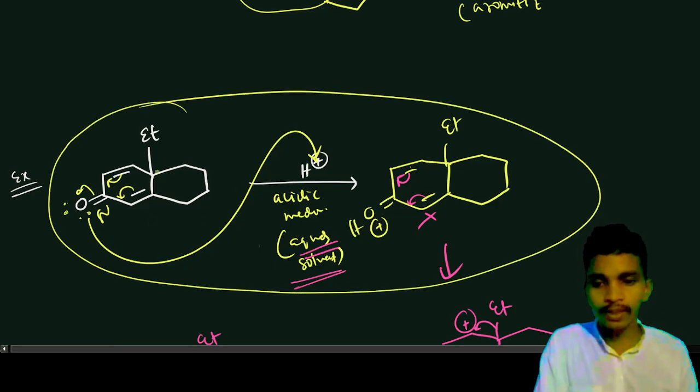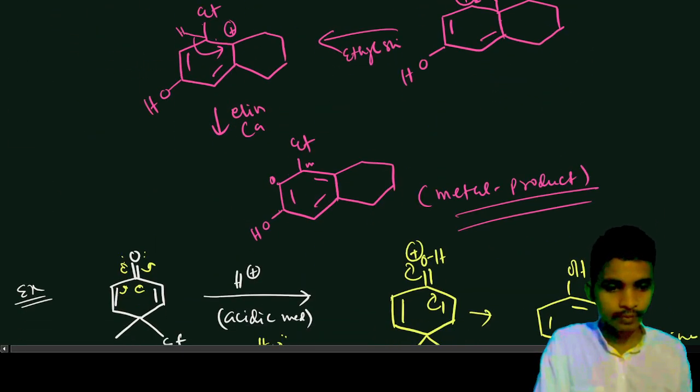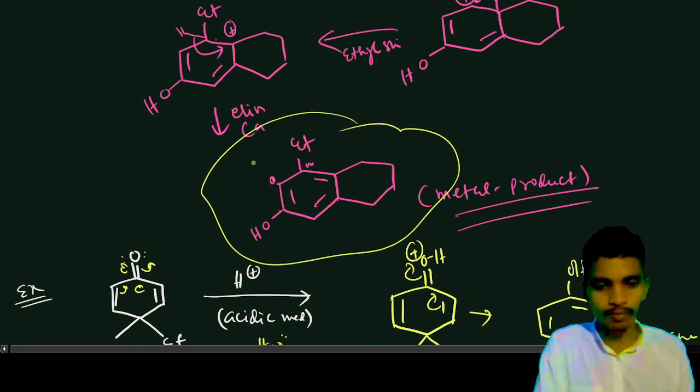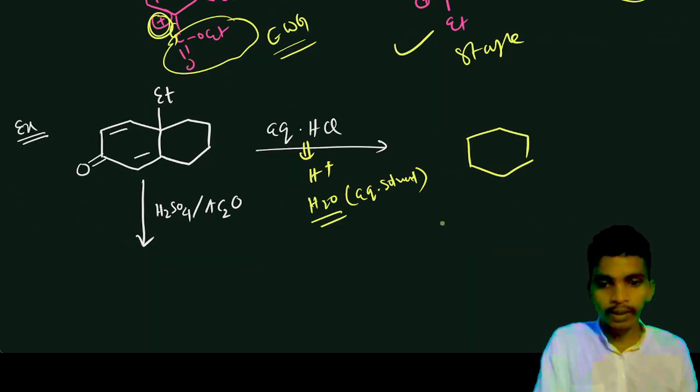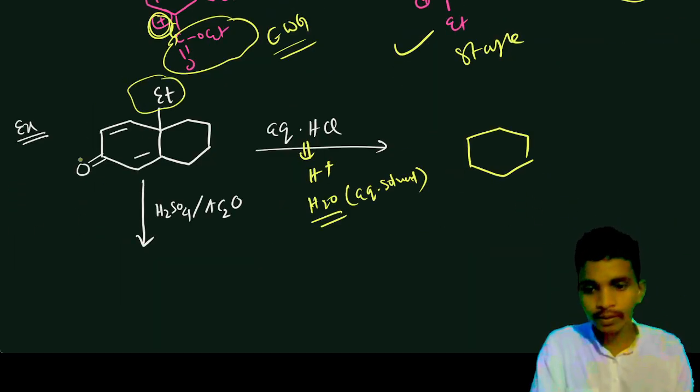So if it is there, and at the conjugation, if any group is present, in that case the meta product will form. So the dienone rearrangement is there, and two rings are there. At conjugation, some group is there. In that case, what product will form?